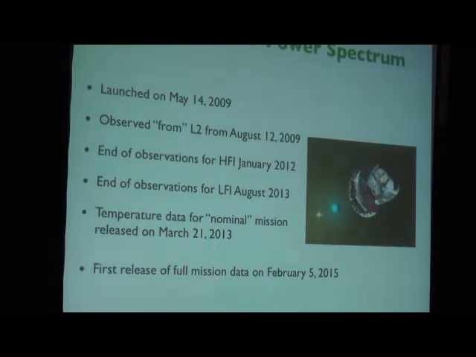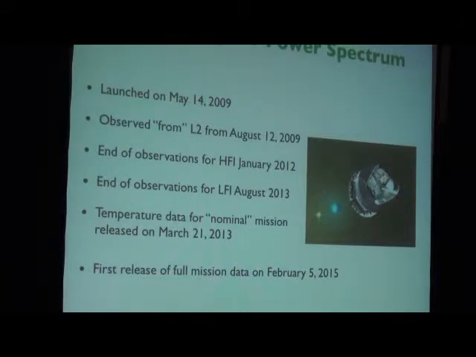The mirror is about 1.5 meters in diameter. For the size, it's relatively light. It's only 28 kilograms. It has two instruments, which are a little bit hard to see. In principle, you can see some of this in the mirror here, but it's not really very easily visible in the image.